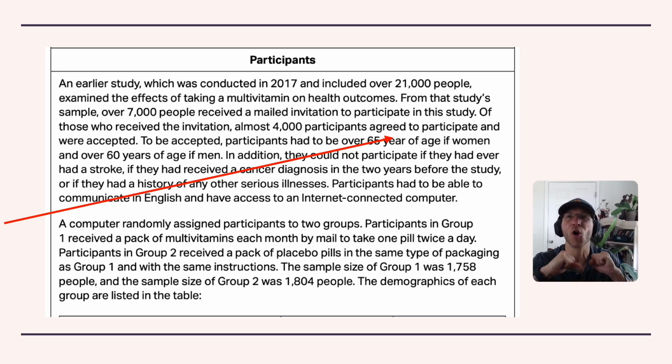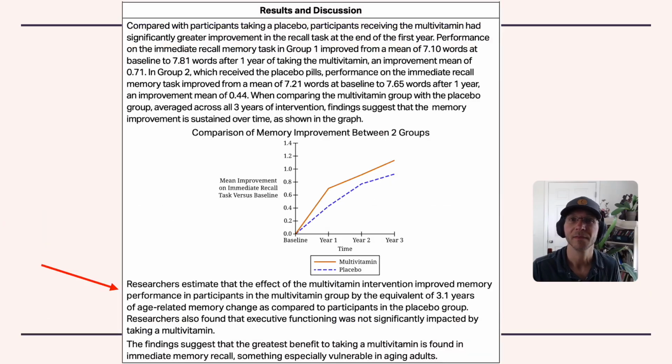I feel like because they all have had the same answer, I have a feeling on exam day they're going to throw a curveball on this one. So make sure you know all of the other ethical guidelines just in case they do something stupid, like they don't add participant informed consent onto there. But here we can see almost 4,000 participants agreed to participate and were accepted. Agreed to participate, that we can consider as informed consent.